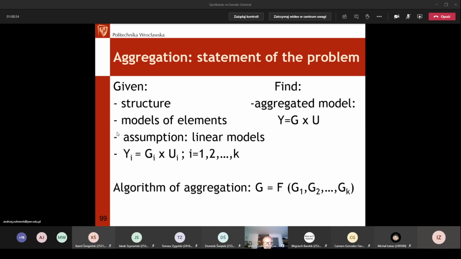So it is, let's say, a formal description of the goal of this aggregation procedure, to find the final dependency between every model and the total aggregated model.